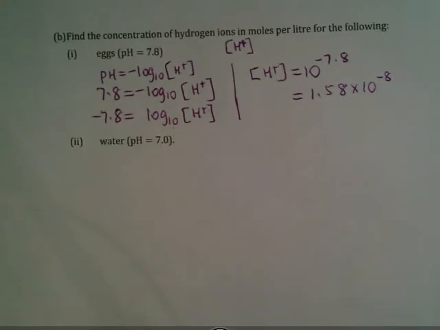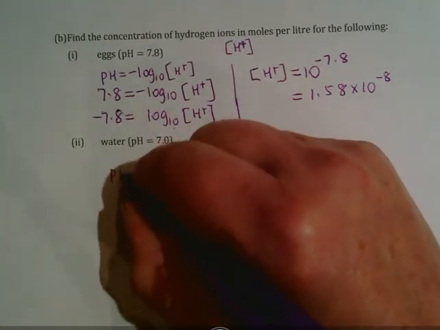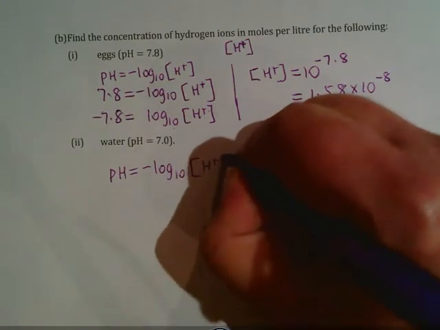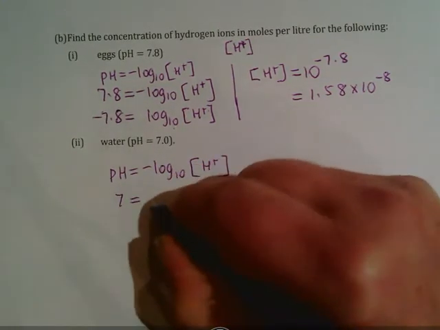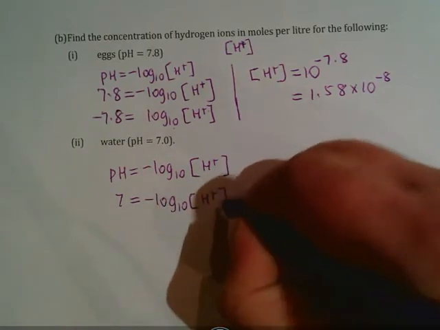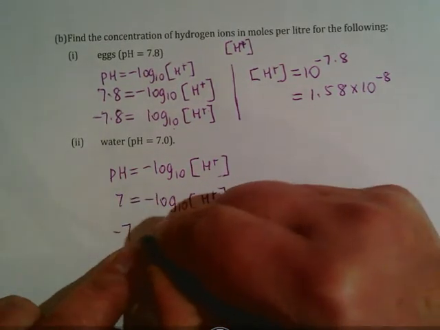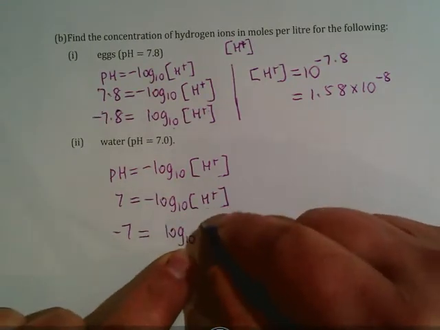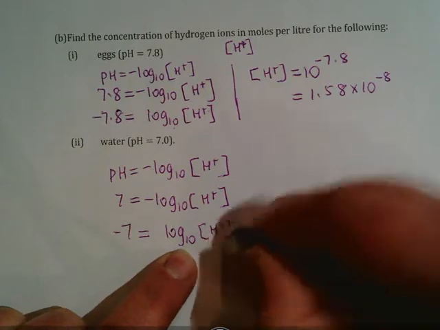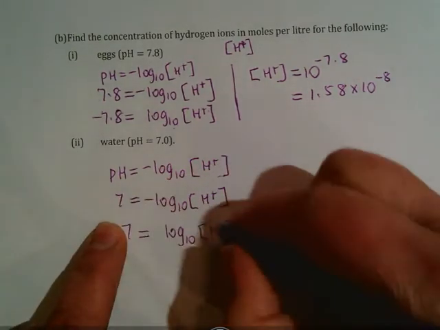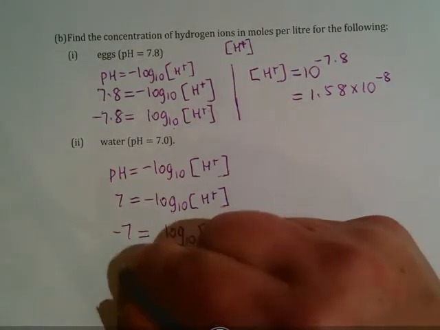And water. We know that pH equals minus log to the base 10 of the hydrogen ion concentration. The pH of water is 7, so 7 equals minus log to the base 10 of the hydrogen ion concentration. Taking the negative over, negative 7 is log to the base 10 of the hydrogen ion concentration. Writing it as an index, 10 to the power of negative 7 equals the hydrogen ion concentration.